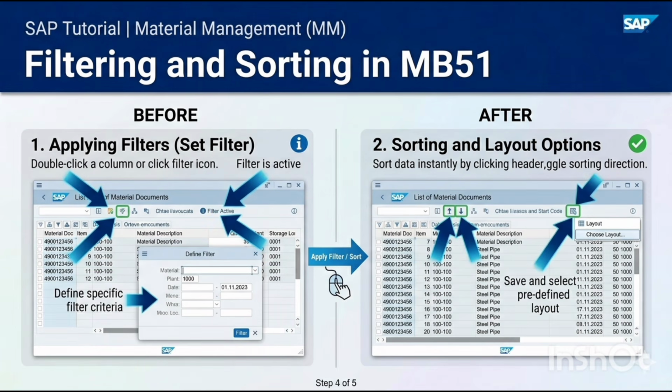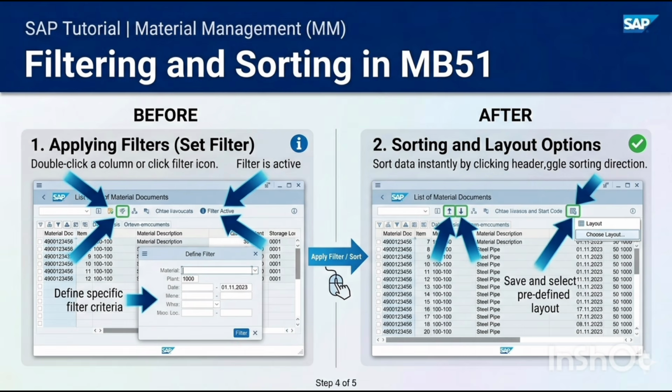So MB51 provides powerful tools to work with large amounts of data. At the top of the report, you will find buttons for filter, sort and layout. You can apply filters on any column. For example, show only movement type 101 or only positive quantities. You can also sort by posting date or quantity in ascending or descending order.